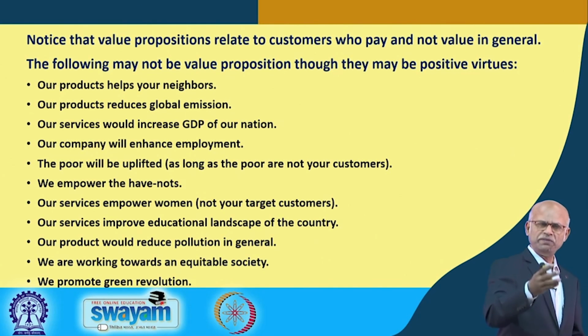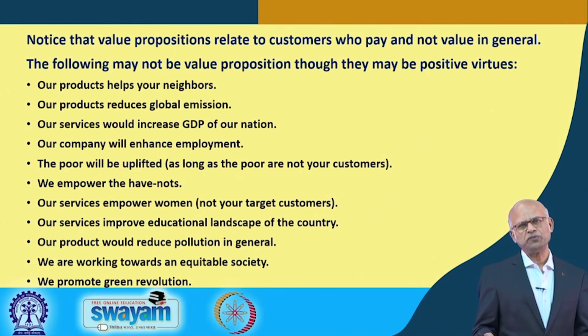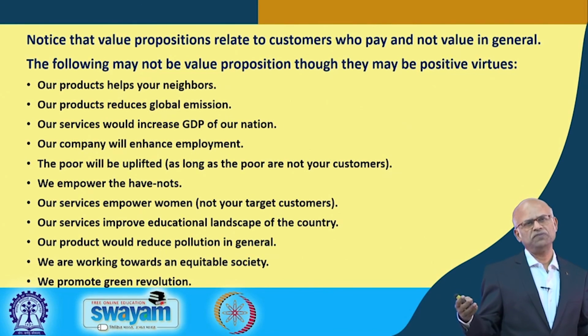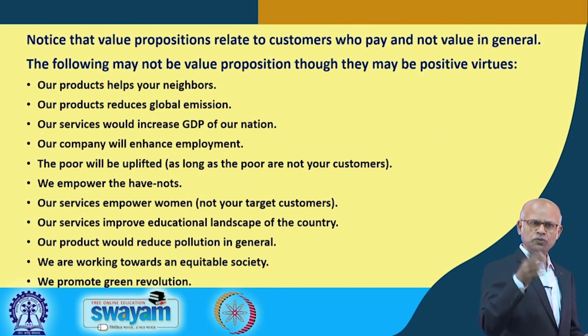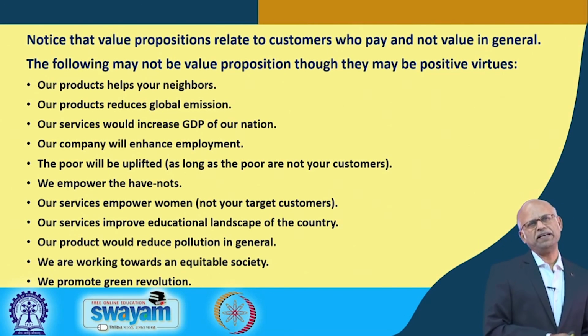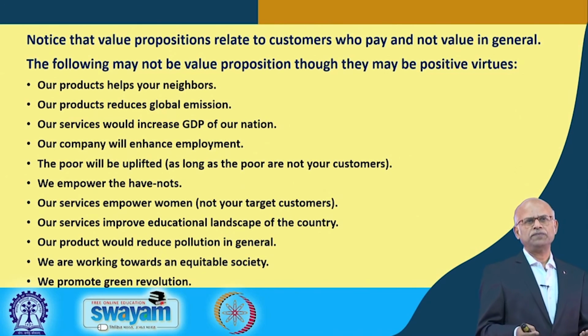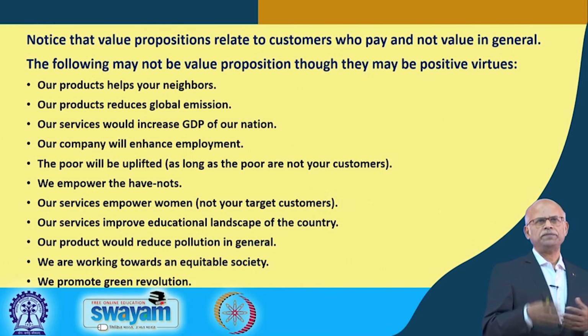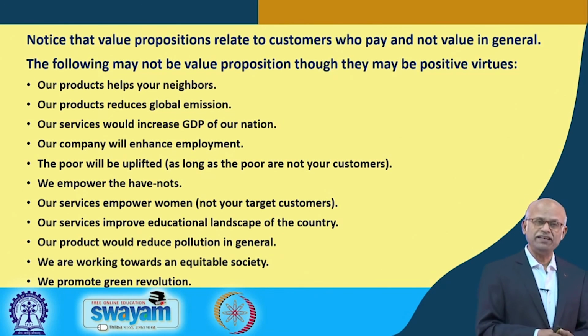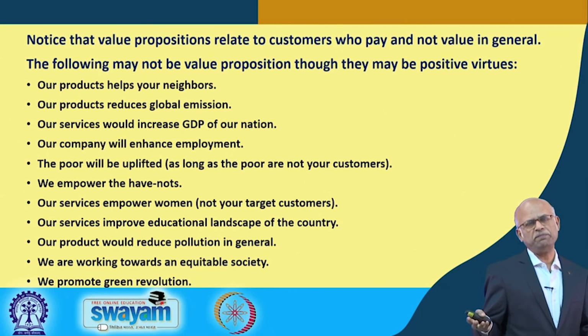Likewise, there may be many statements where customers do not have any reason to care, like, say, environmental, green revolution, or environment friendly. These are some of the things that people like.